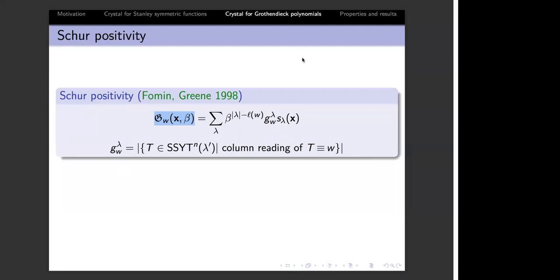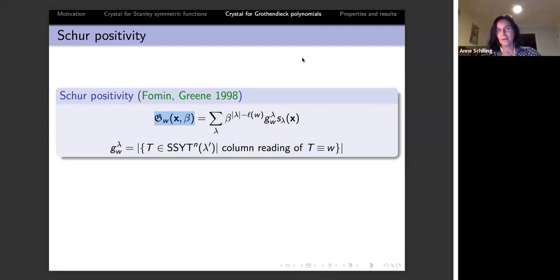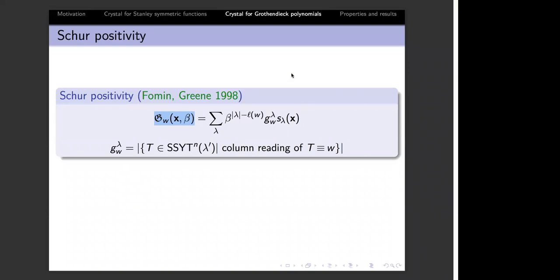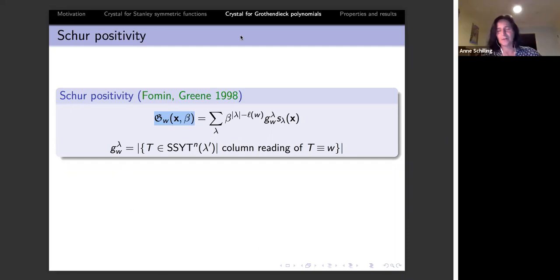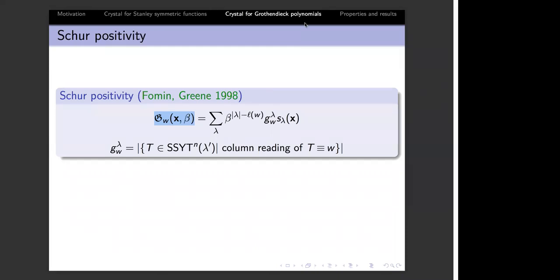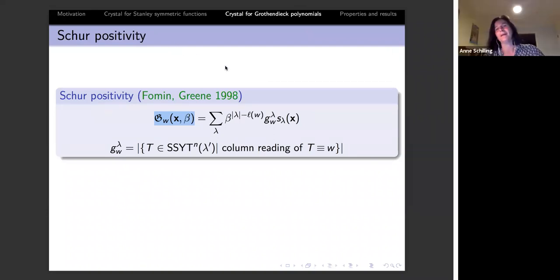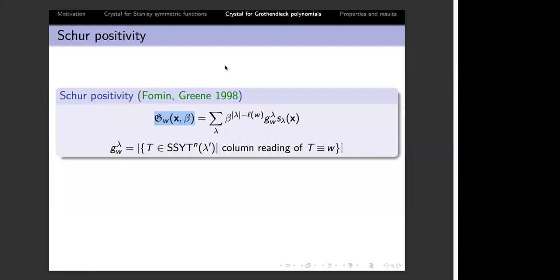Oh, he can write it in the chat and then you can read it out. I can't really see the chat. Okay. Well, if he has a question, he can write it in the chat. Why don't you just go on?